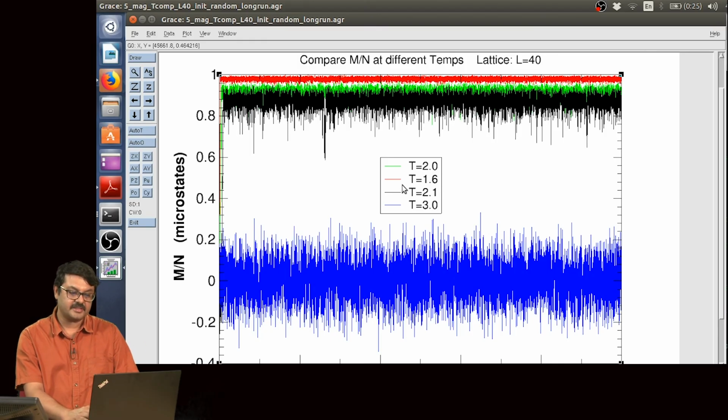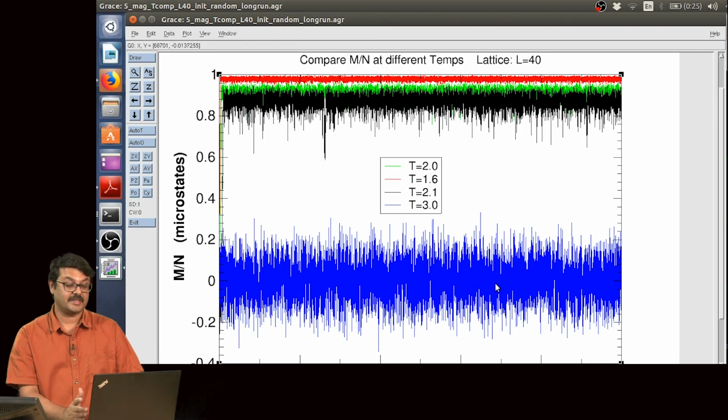On the other hand, if you increase the temperature to T equal to 2.1, it basically fluctuates about a lower value. It is less than 0.9, this green being 0.9. So, now it is fluctuating around a lower value, and at temperature T equal to 3, it is fluctuating about 0, which means if you calculate the average magnetization, you will get a 0 value.